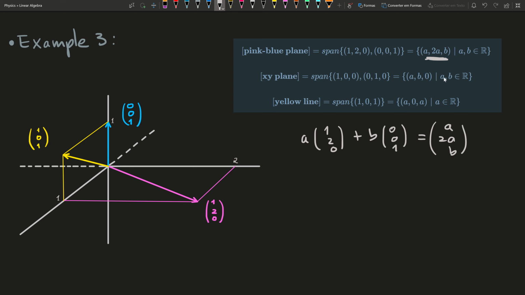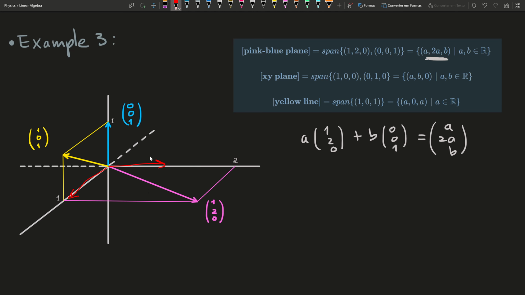As a second subspace, we have the xy plane. The xy plane is like the floor of the thing. It contains this line and this line and this line and this line. So it's the span of (1, 0, 0), which is a vector that looks like this, and (0, 1, 0), which is somewhat like this.